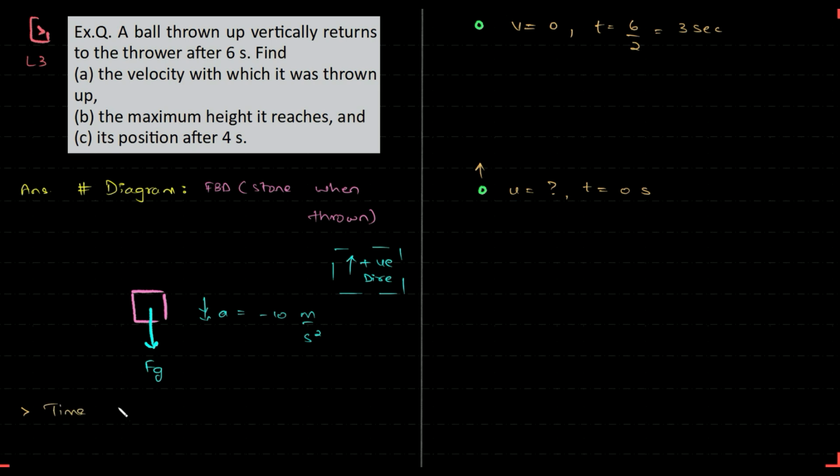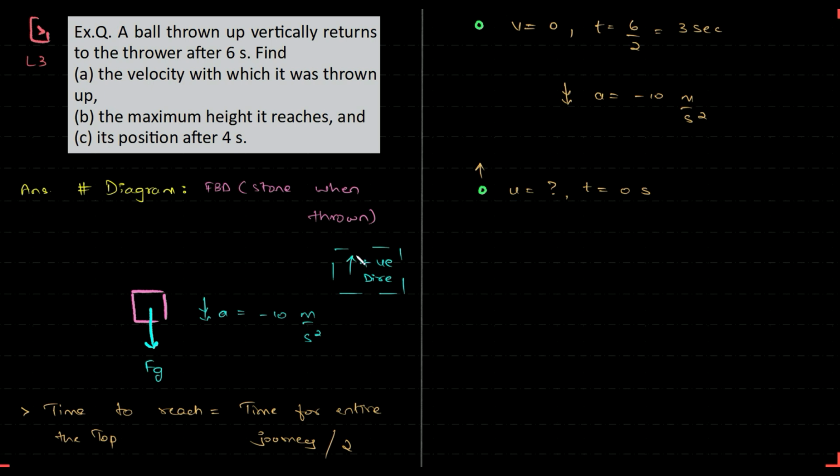Time to reach the top is equal to time for the entire journey divided by 2, and so that is 3 seconds. Then we have acceleration, that is 10 meter per second square, that is pointed downwards.